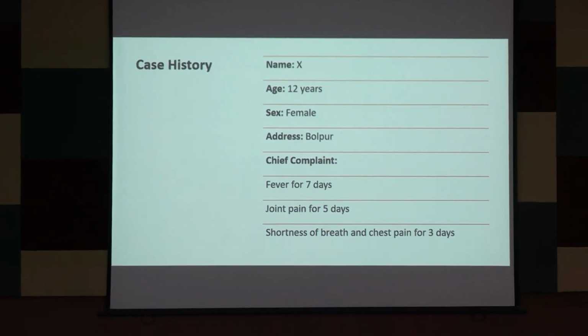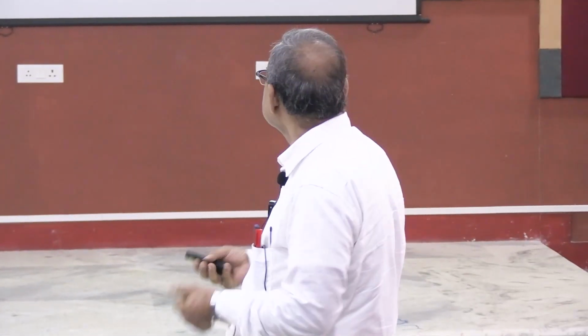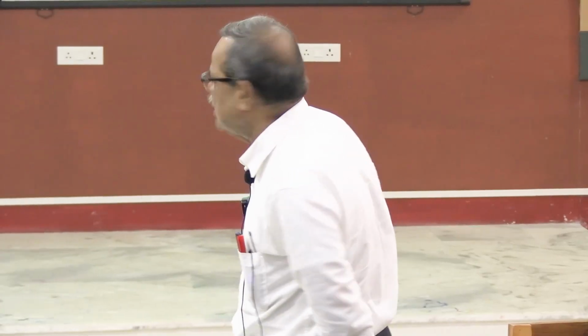Usually it is common between 5 to 15 years, though it may happen after or below that. Here the case is 12 years. Next, sex is female, so it is more common in females, but it may occur equally or slightly less in males; particularly rheumatic heart disease is more common in females.